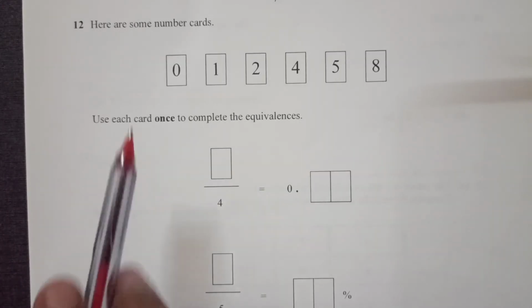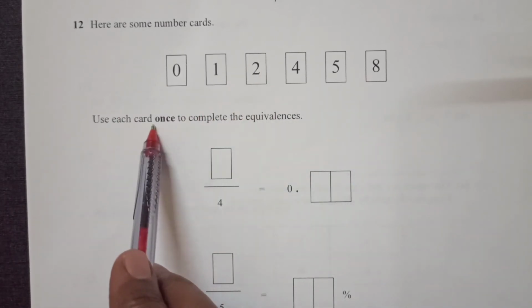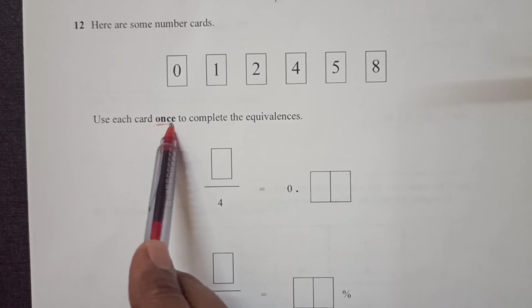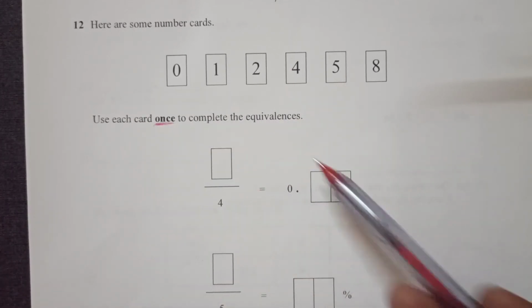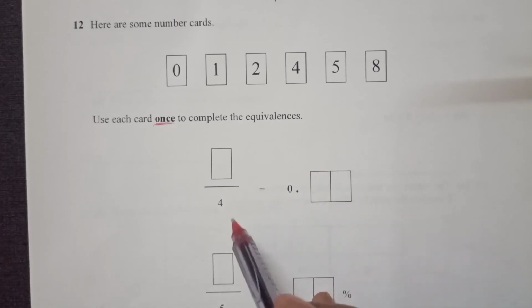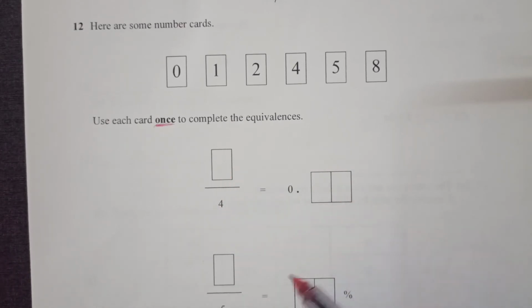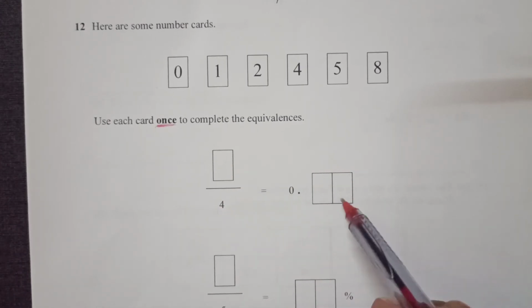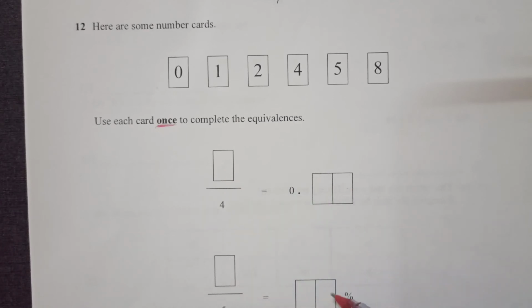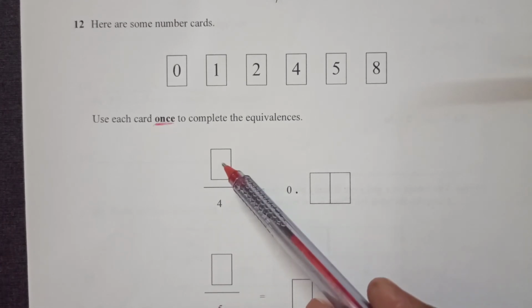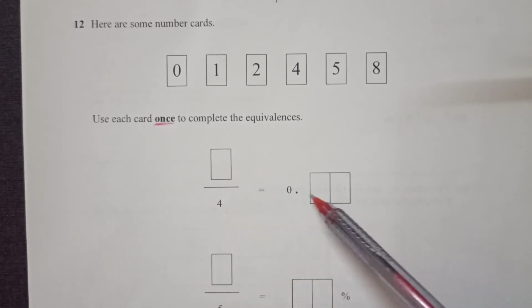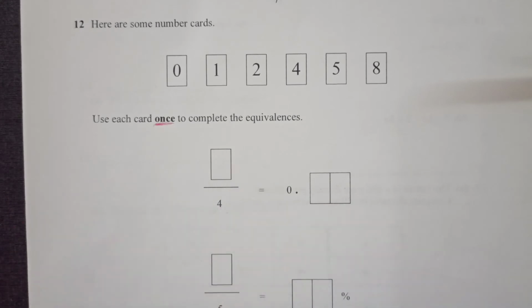Number 12. Here are some number cards. Use each card once. You need to remember, we can use each only once, to complete the equivalency. We have some boxes here that we need to fill. How many are there? 1, 2, 3, 4, 5, 6, and we have 6 cards. We are going to use them one by one. So dash over 4, if I write 0 here, we cannot.